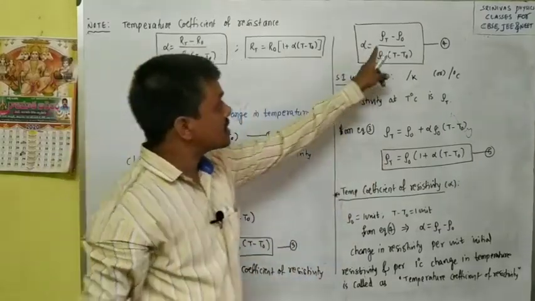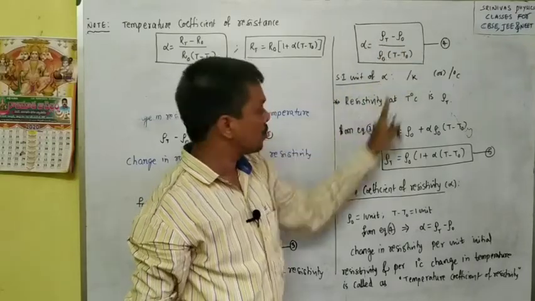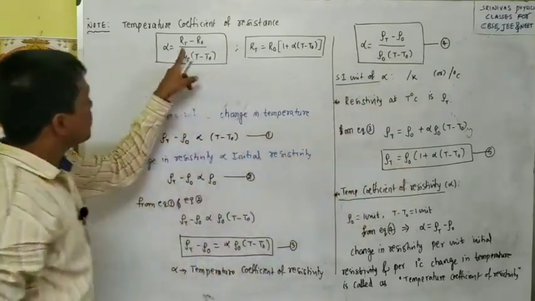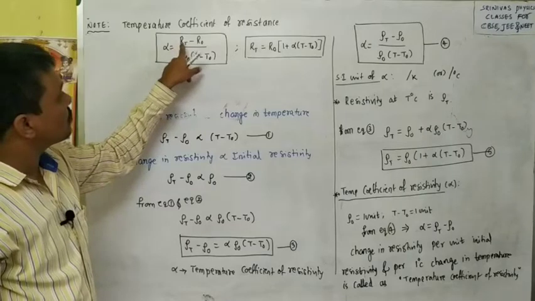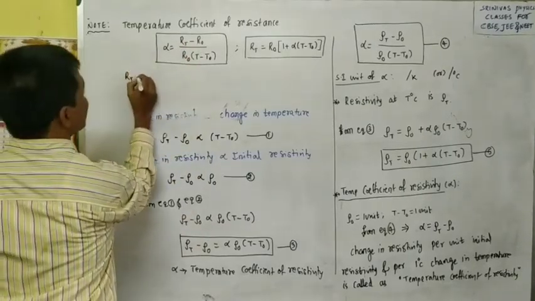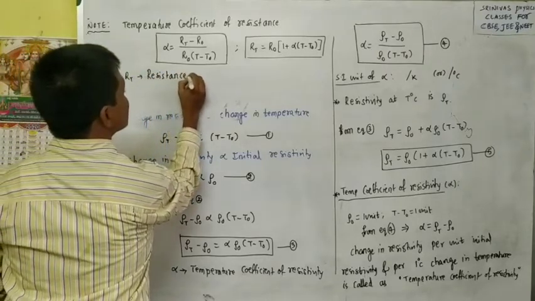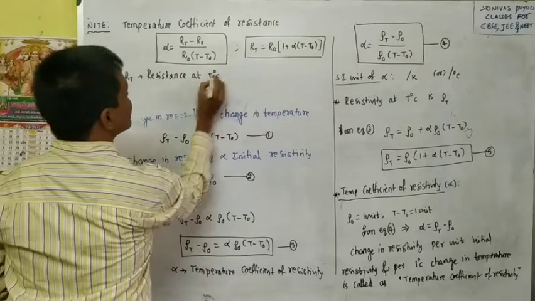What is the difference? In equations 4 and 5 we use the resistivity terms, rho. But here, instead of resistivities, we have resistance. RT is the resistance at T degrees Celsius.